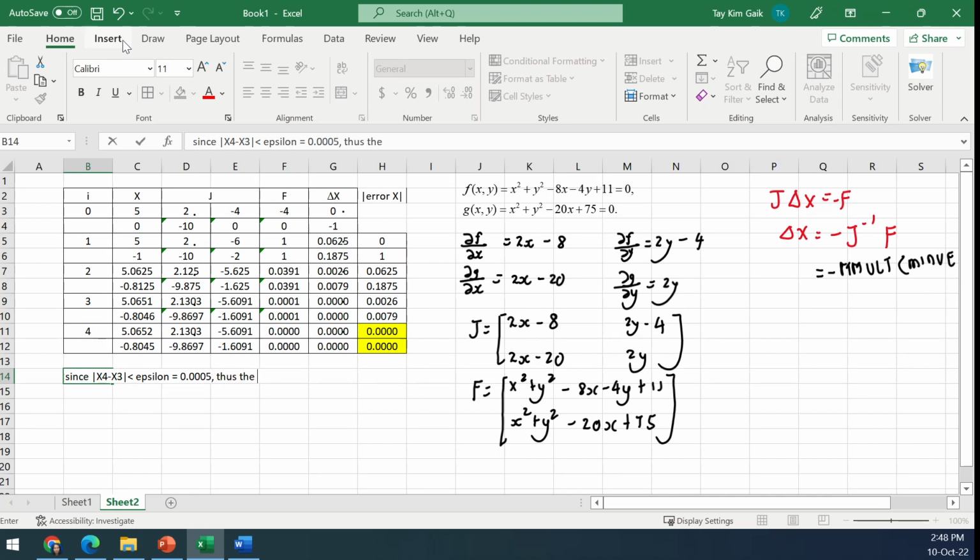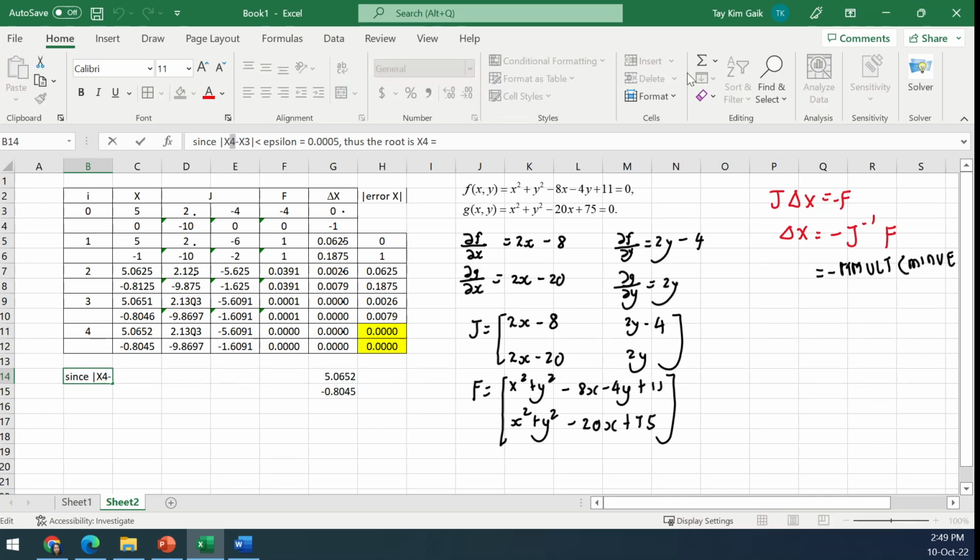Thus the root is x number 4, which, put in vector form, is 5.0652, then negative 0.8045.